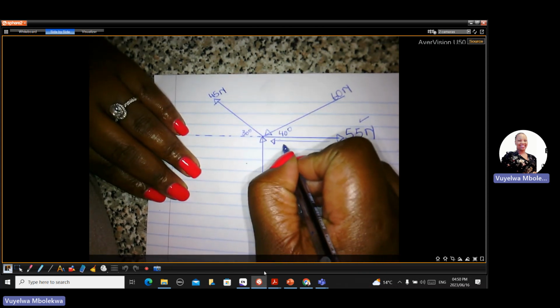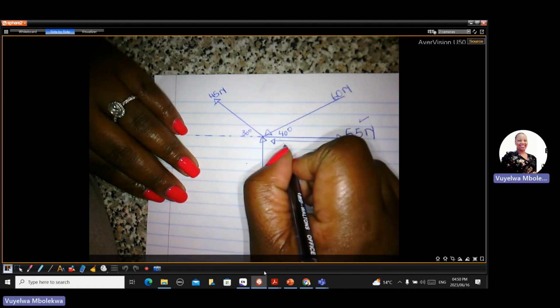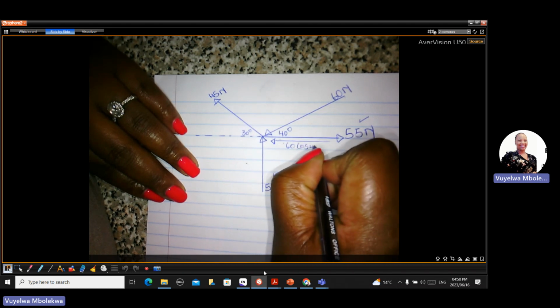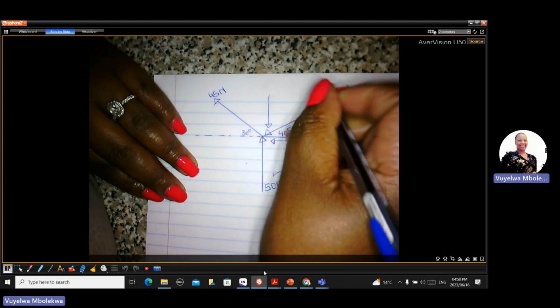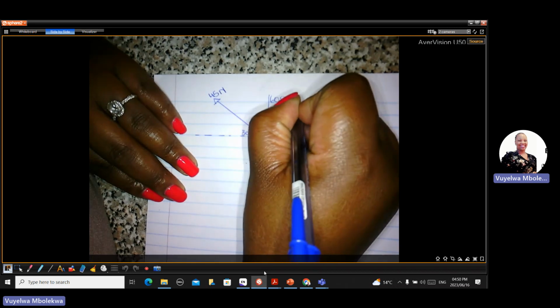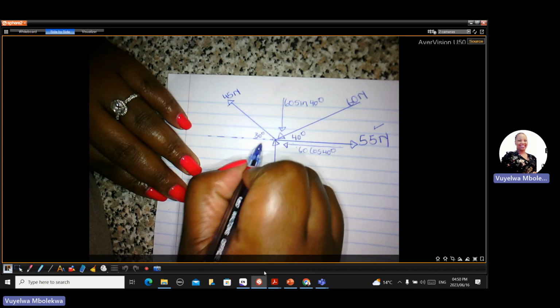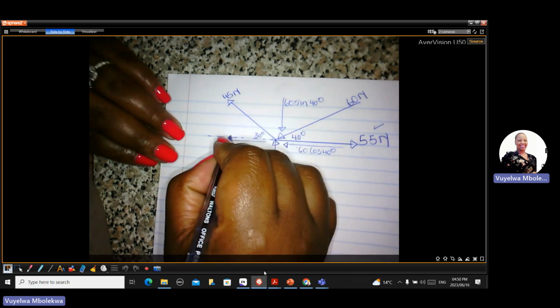So this component, of the 60 Newton force, is going to be 60 cos 40. And the vertical component is going to face down like that, and is going to be 60 sine 40. The horizontal component of this force is going to go this way because this force is going more to the left.